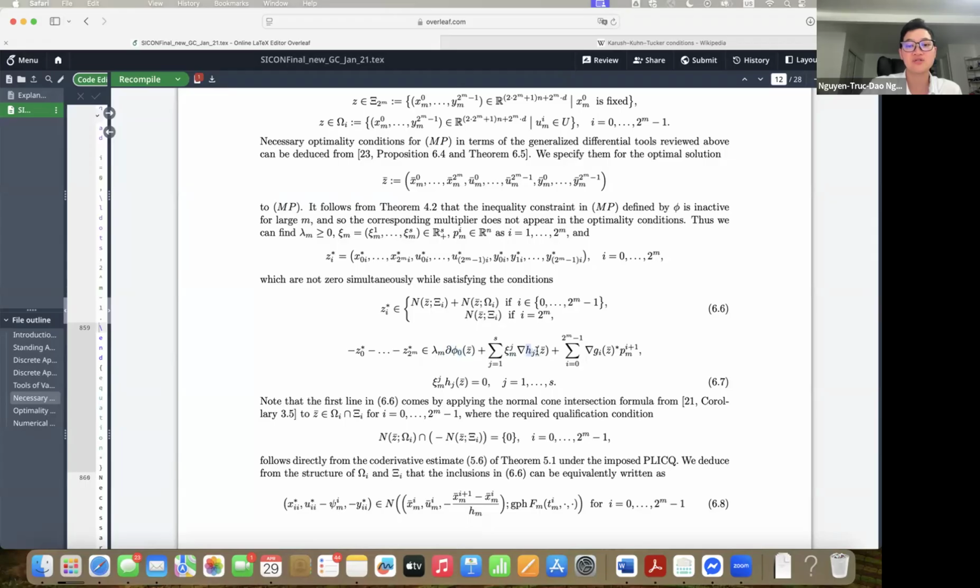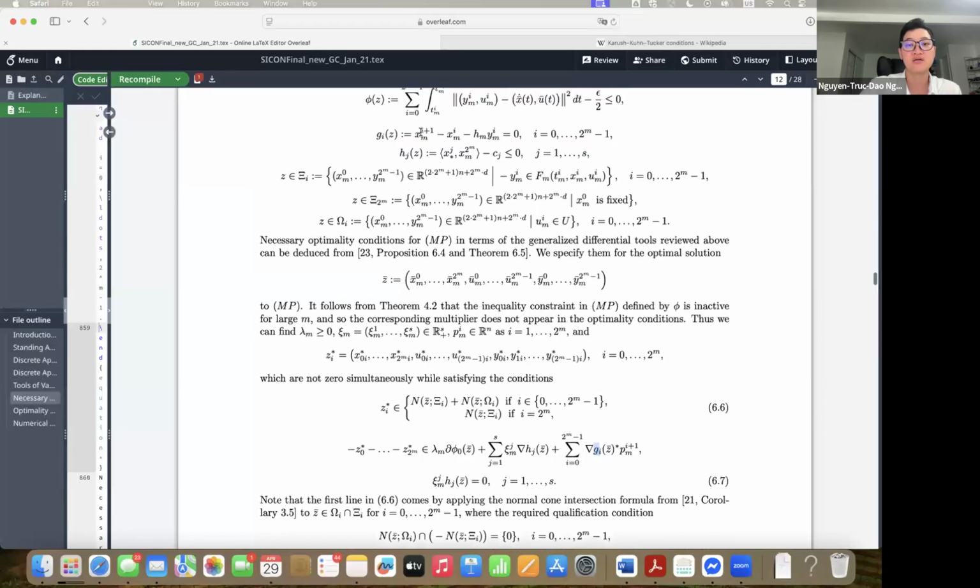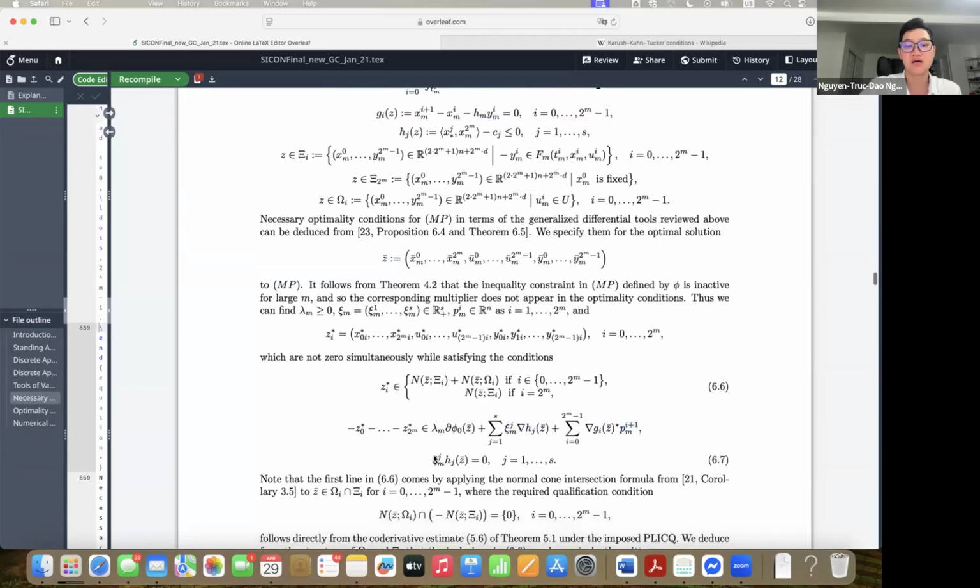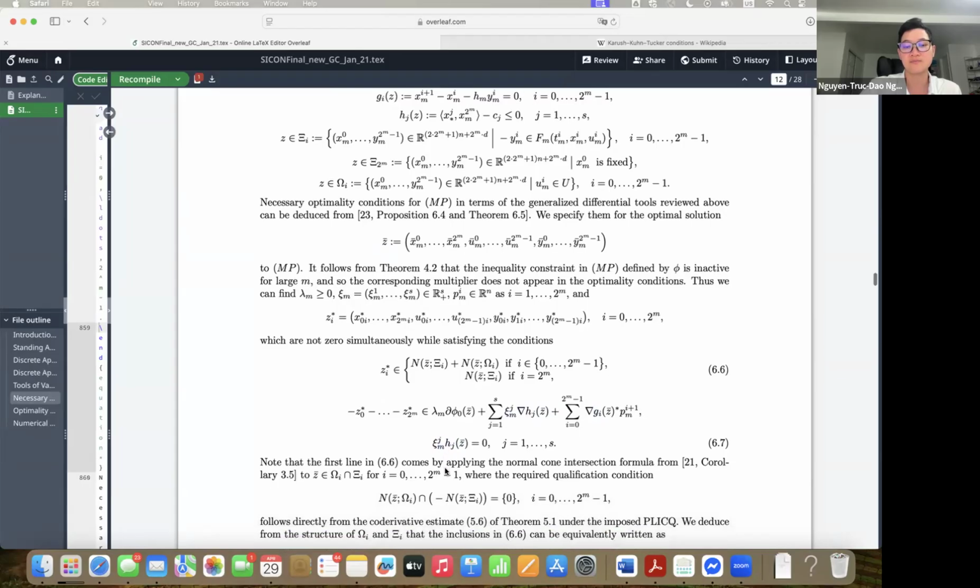And the functions h_i and g_i here are smooth functions. You can see here they are smooth functions, right? So that's why we use the gradient instead of the subgradient. And this is the multiplier that goes with the constraint. And then there's another multiplier that goes with the equality constraints, so it's going to be down here: c_j^m times h_i of z bar equals 0.